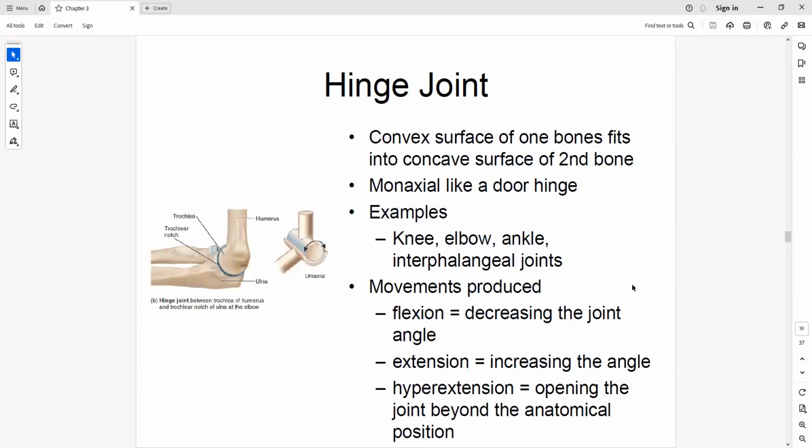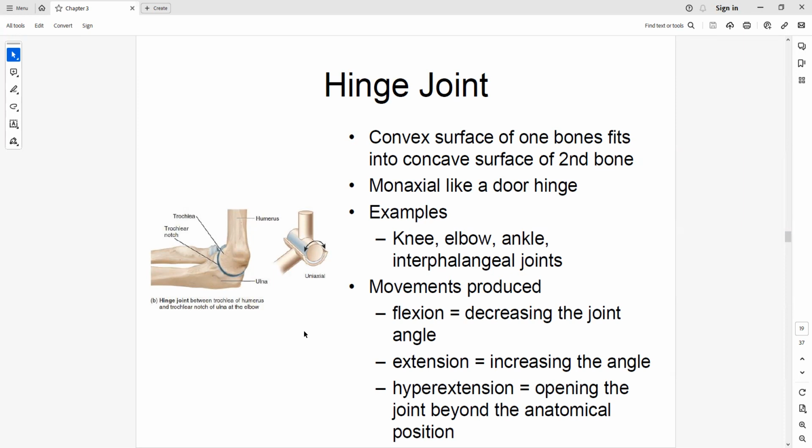A hinge joint works exactly like a doorway, moving only in one particular plane of the body. So a knee joint, elbow, ankle. The interphalangeal joints mean the joints between finger bones. And we'll be coming onto these motions, flexing and extending.